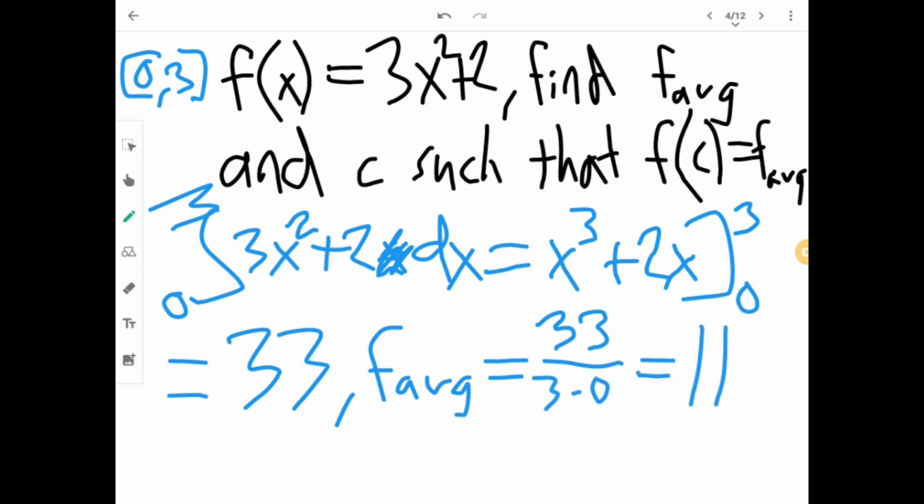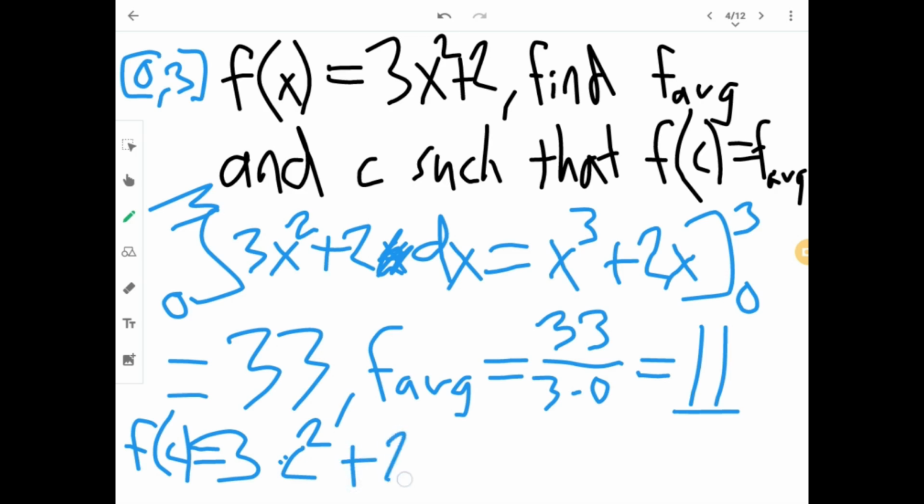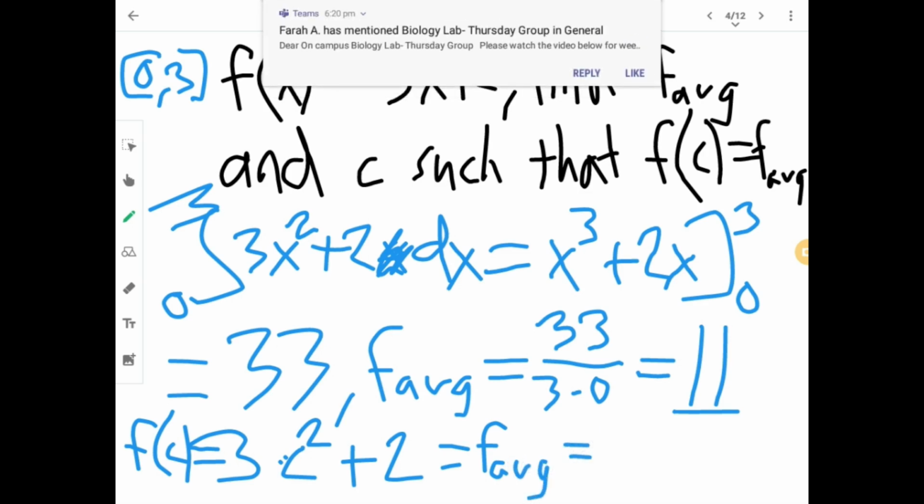Now you need to find the x value, which is c, such that the f average that we got, which is 11, is equal to f of x, or f of c. So if you simply equate it, let me put that as c: f of c equals 3c squared plus 2, which is equal to f average, 11.